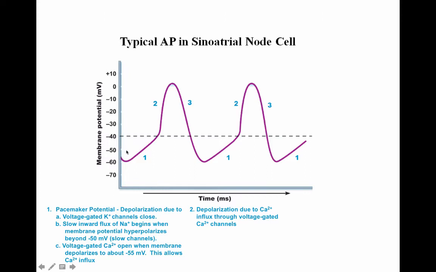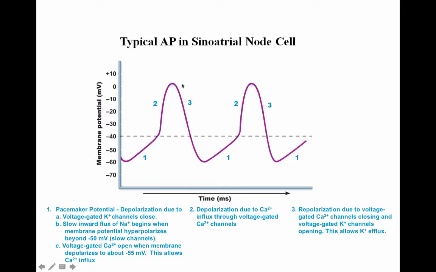So in this area where we had usually seen the sodium occur and be a major player, we still do see sodium in the mix, but calcium becomes a much larger player in terms of depolarization of these sinoatrial node cells. In our third step, then, repolarization is going to be due to voltage-gated calcium channels closing.